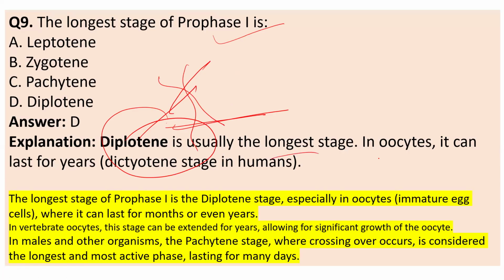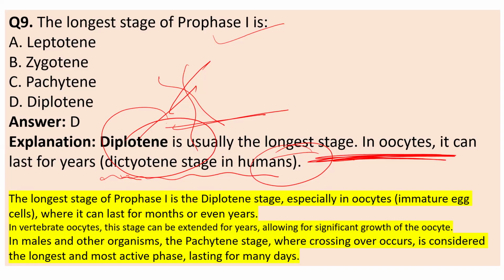Now, it's a very important point: in female oocytes, diplotene can last for years. In humans, as you learn in the female reproductive system, it stays arrested until the female child achieves puberty.